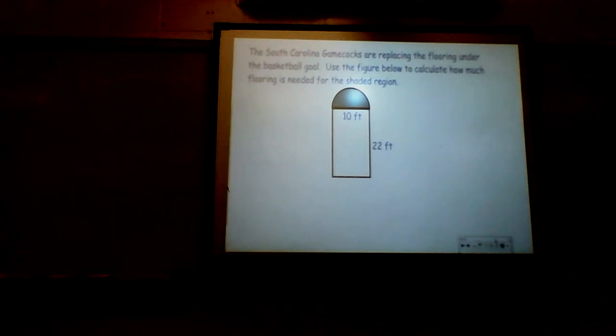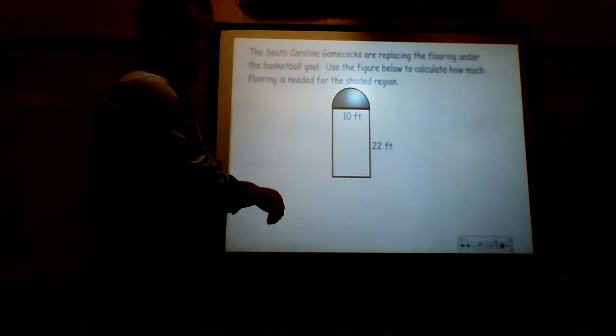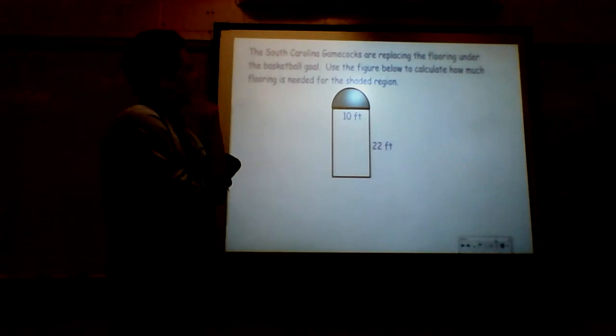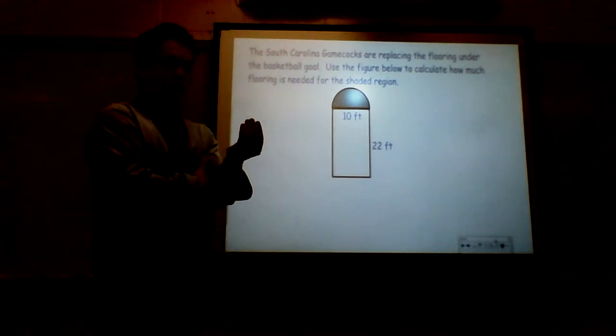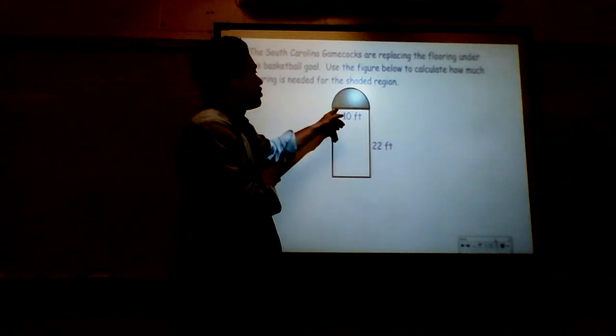It says, the South Carolina Gamecocks are replacing the flooring under the basketball goal. Use the figure below to calculate how much flooring is needed for the shaded region. Okay. A couple things to think about here. I know they're replacing the flooring of this shaded region.